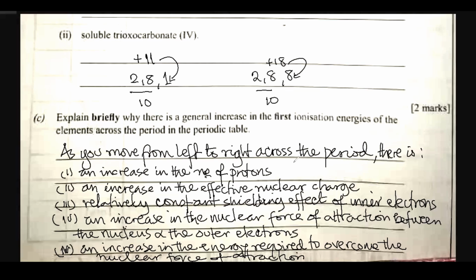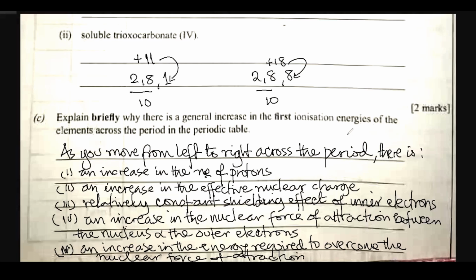So there is an increase in the nuclear force of attraction between the nucleus and the outer electrons. And as that force increases, you will need a high amount of energy to overcome it, or to remove the valence electron from the outermost shell.